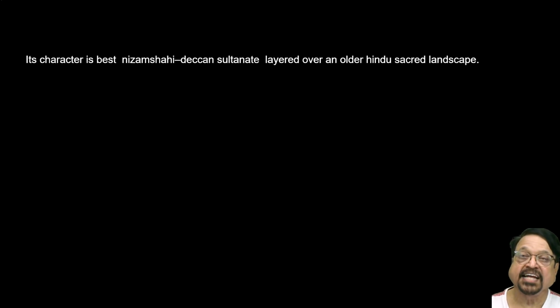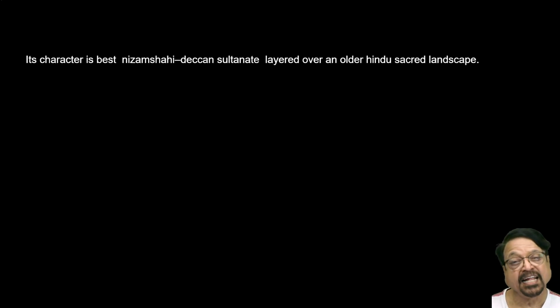So let's get going. The character is best described as the Nizam Shahi Deccan Sultanate. It is laid on different aspects. Earlier, it may be Chalukyan, or it may be by the Rashtrakutas. Then it was developed by the Marathas.